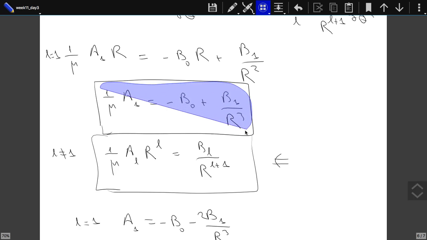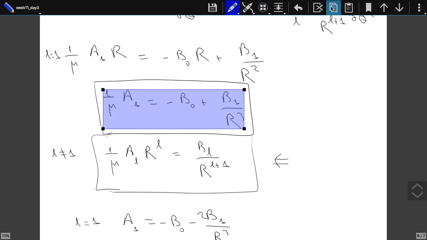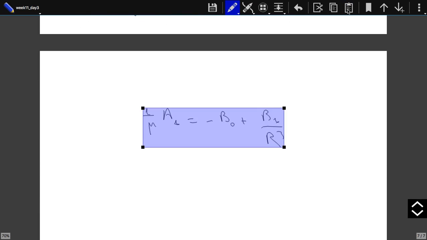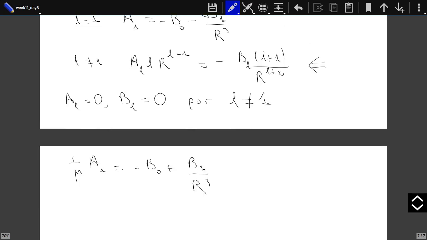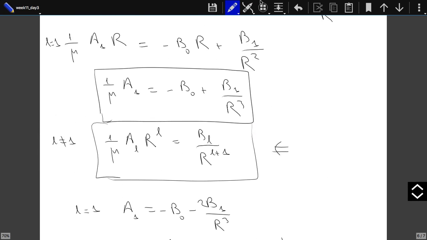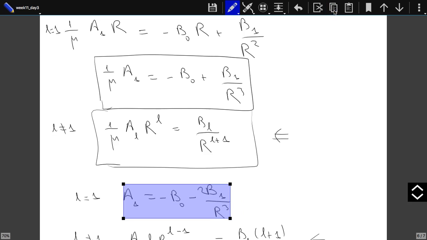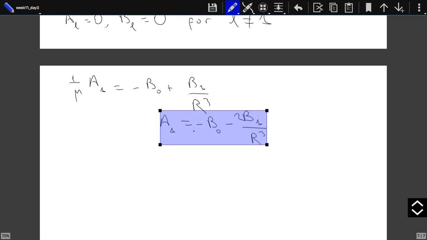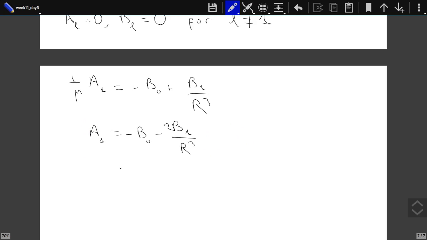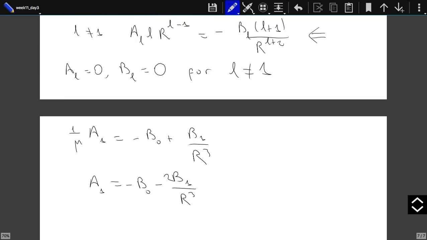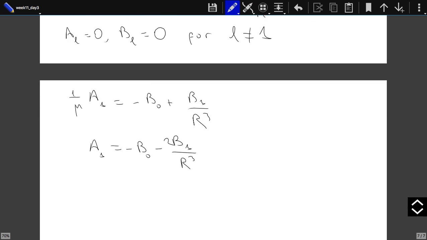So this is one equation between A1 and B1. And this is the other equation between A1 and B1. Now let's solve the two. We can just pick up A1 from the last term, put it in the second line, put it in the first line.